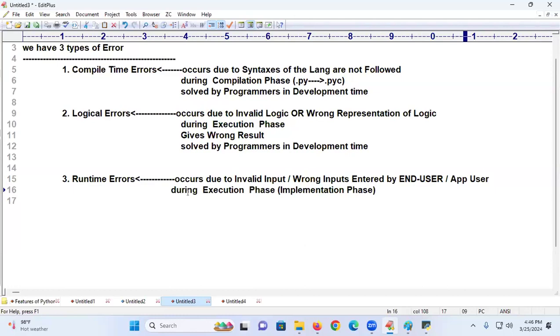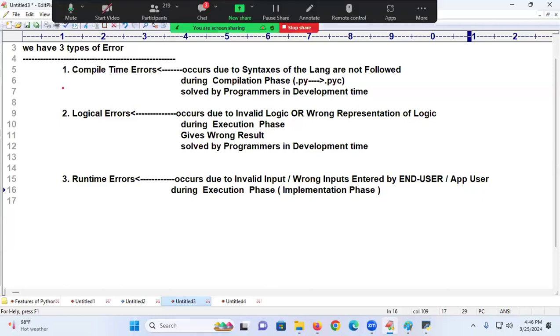What do you mean by implementation? Dear students, implementation is nothing but an application being used by the end users. You developed an application, no errors you found. You executed your application, no result-related errors you found. Compilation successful, your trial run successful.